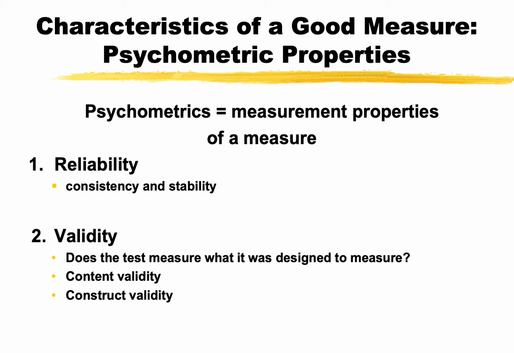In addition to design properties, a good test is also one that has favorable psychometric properties. These properties are determined by analyzing responses to test and questionnaire items during development of the test. There are two important psychometric properties of a good test: reliability and validity.